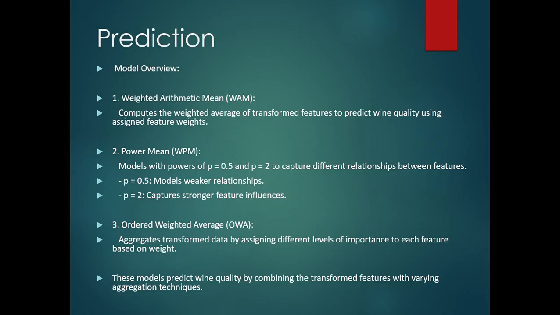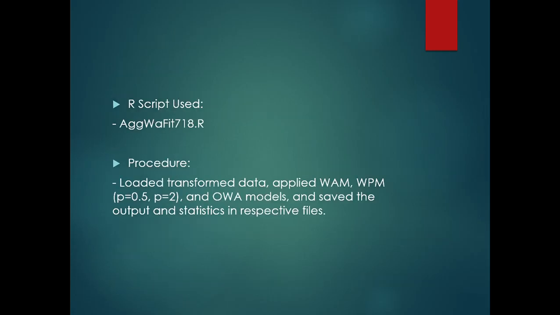Power mean, with different powers, captures the different relationships between the features. For power 0.5, the models had weaker relationships, and for power 2, stronger feature influences were observed. Ordered weighted average aggregates transformed data by assigning different levels of importance to each feature based on weight.